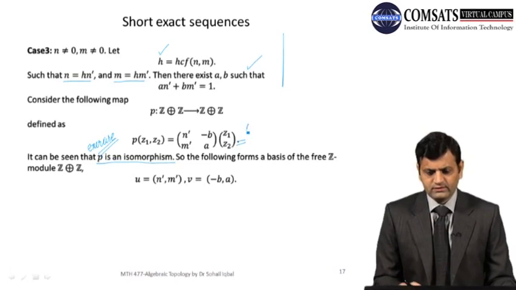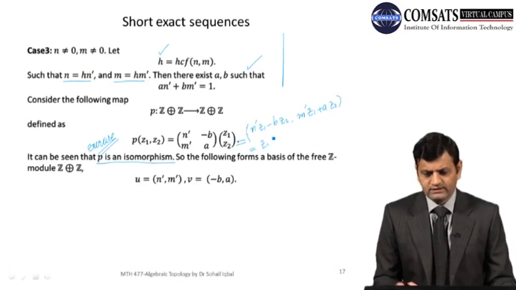Okay, so just multiplying them, we get n prime z1 minus b z2 and m prime z1 plus a z2. Which can be written in the following form: z1 (n prime, m prime) plus z2 (minus b, a).